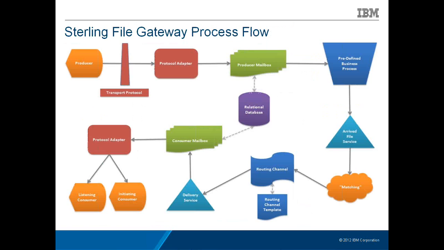As I said, the producer of the file uploads. I mean, this slide, I'm just showing a process flow where a file is uploaded to Sterling File Gateway. What happens? How does it get delivered to an end consumer as such?